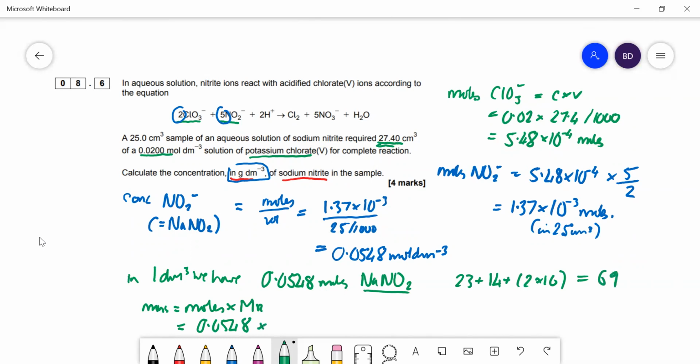So that's times 69. That gives us an answer of 3.78 grams, and that is in 1 dm cubed. So that's the concentration of the sodium nitrite in grams per decimeter cubed.